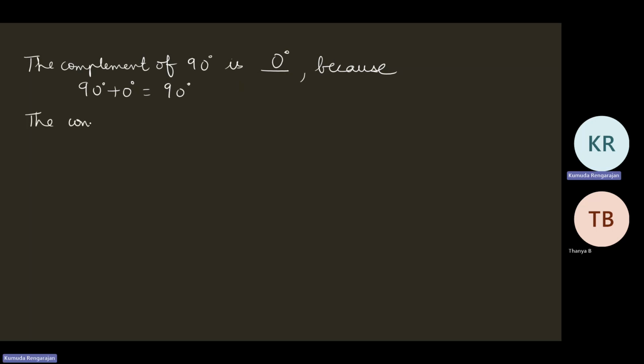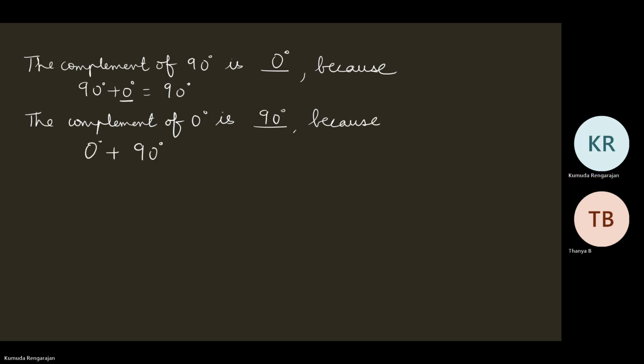The complement of 0 degrees is 90 degrees because 0 degrees plus 90 degrees gives us 90 degrees.